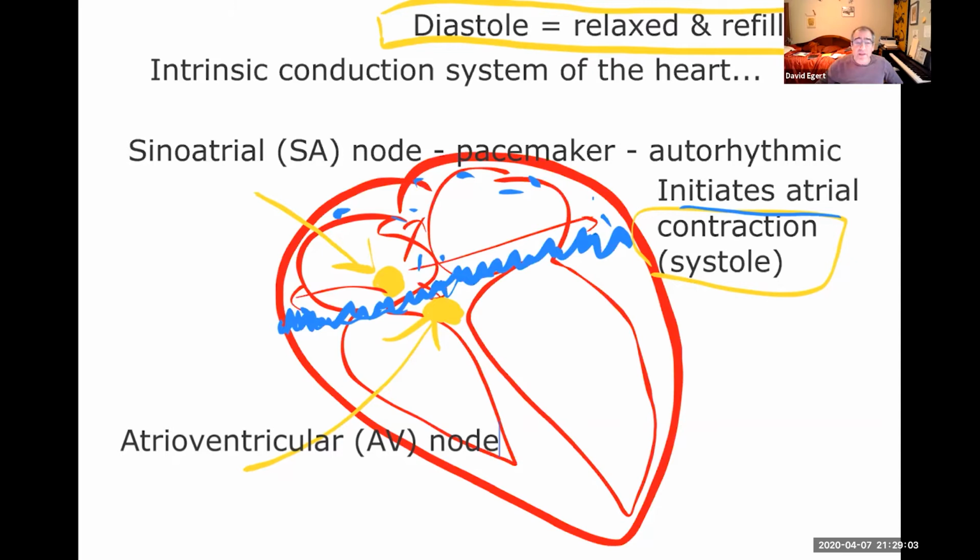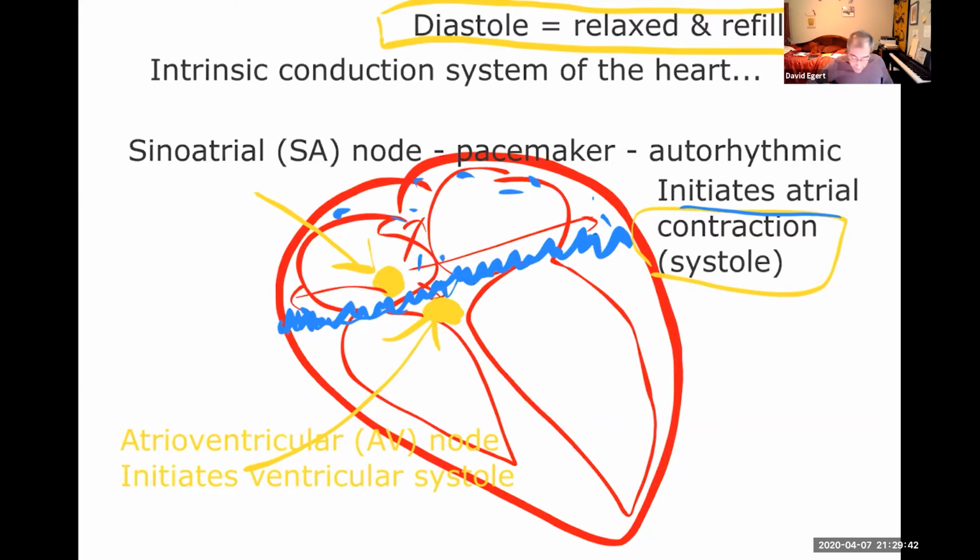It gets its name because it's right near that boundary of the atrium and the ventricle. This is what is going to ultimately initiate ventricular systole, meaning once it fires off, it's going to send electrical excitation that's going to go all over and cause the ventricles to get excited and contract.